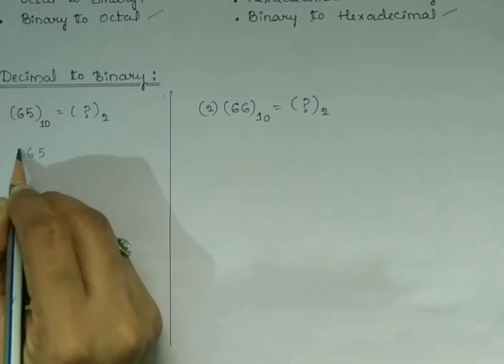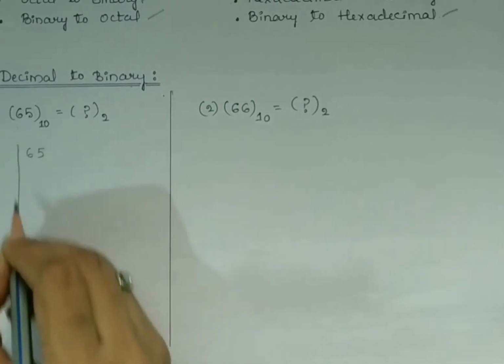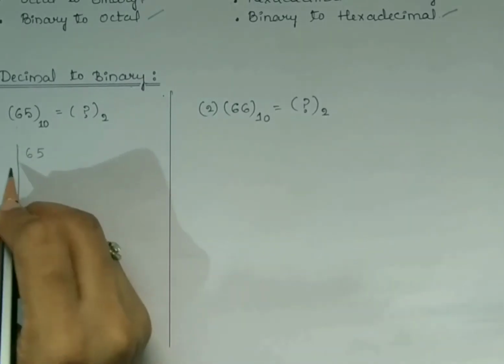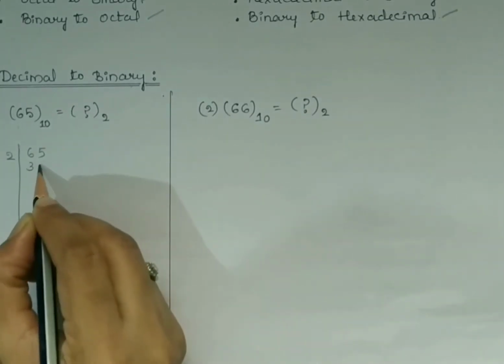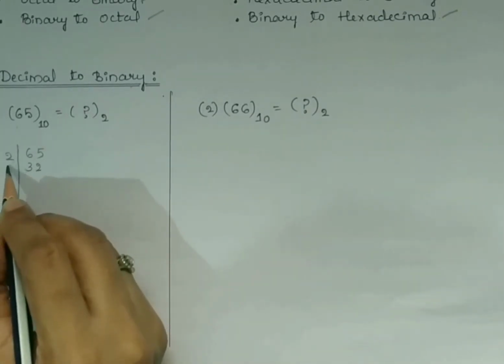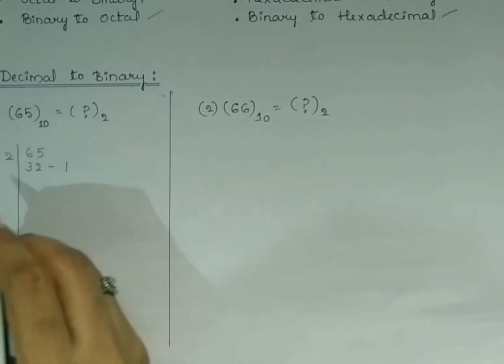Take 65 and divide it by 2, because you have to convert it into binary. 2 32s are 64 and the remainder is 1, write it down here.